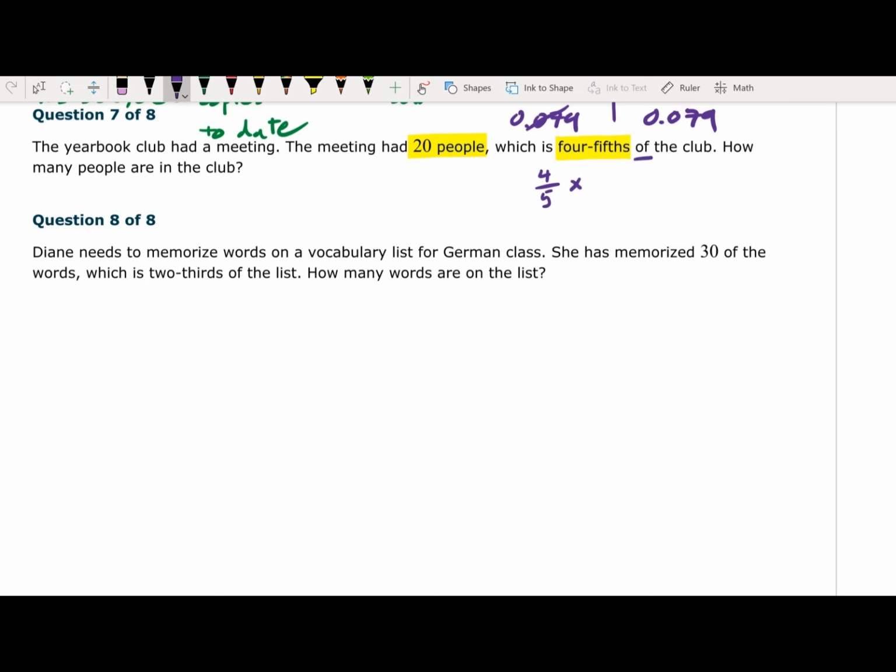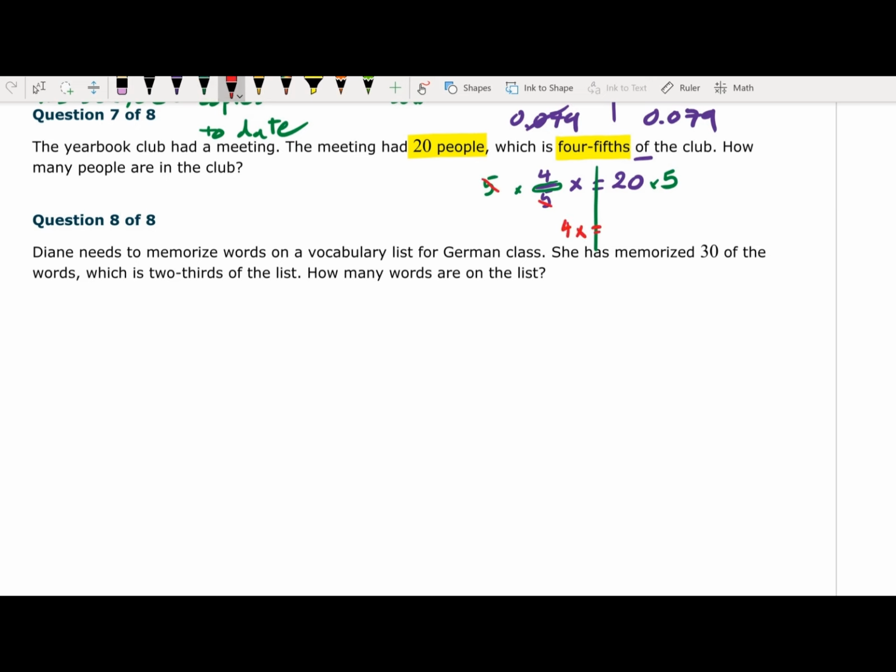The club is the amount of people that we don't know yet, but we know that 20 of them are present at the meeting. Alright, so we're going to solve this like usual. First, you're going to get rid of the denominator by multiplying by 5 on both sides. That allows us to cross out the denominator.